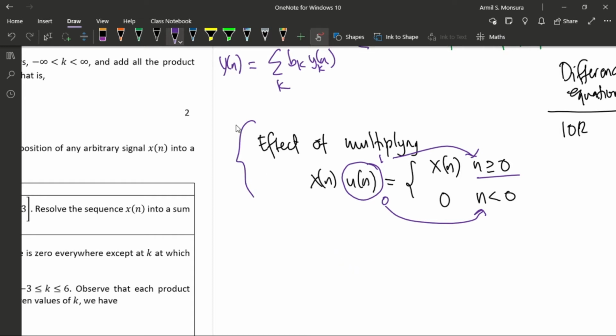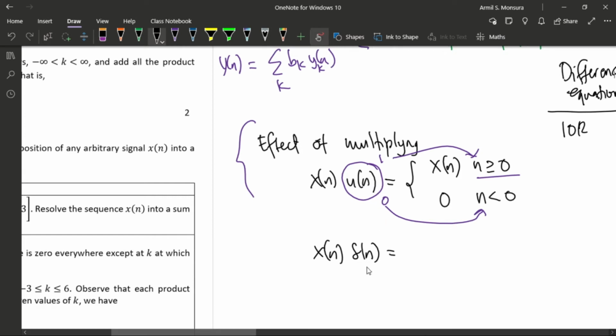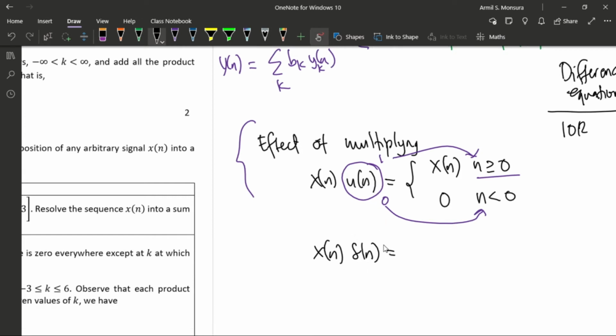So what about multiplying your x of n with delta n? Okay? So again, pag maalala natin ang definition nitong delta n ninyo is 1 when your n is equal to 0 and 0 siya when n is not equal to 0.